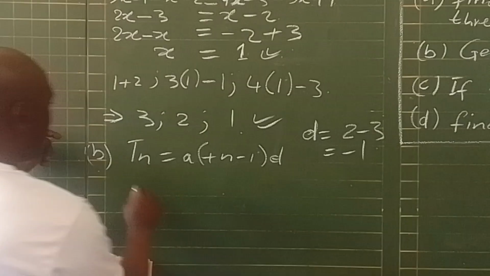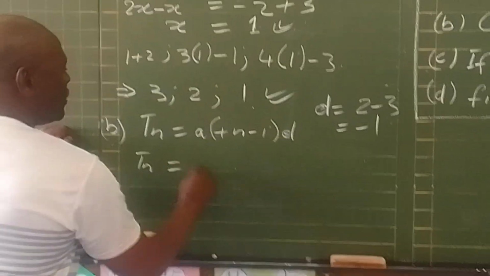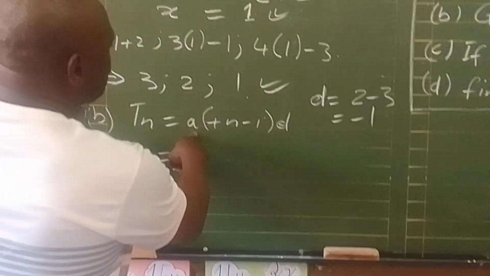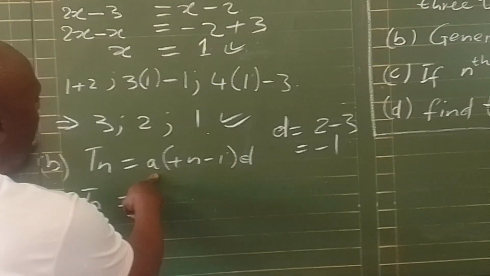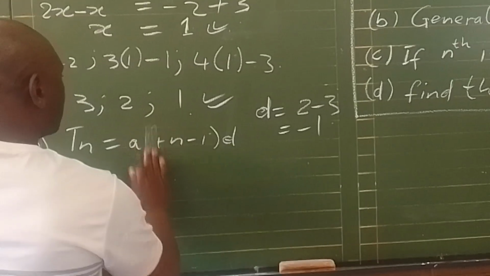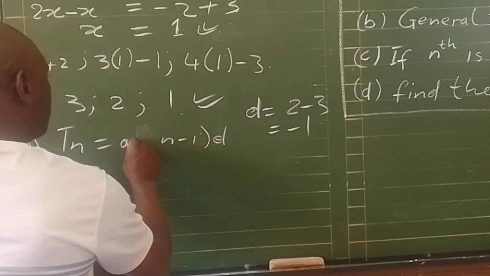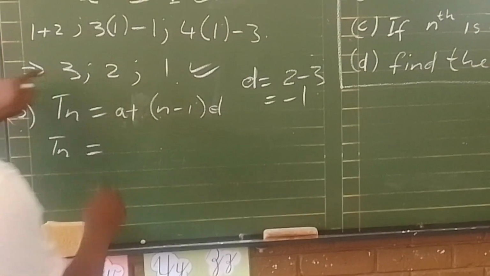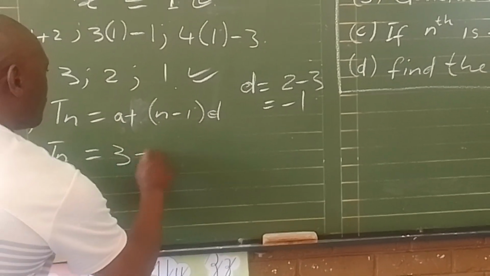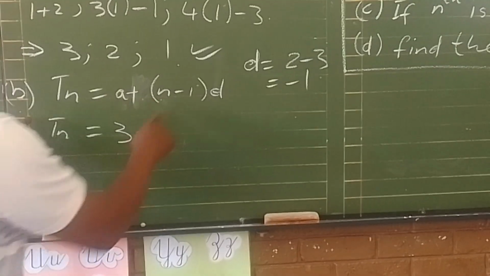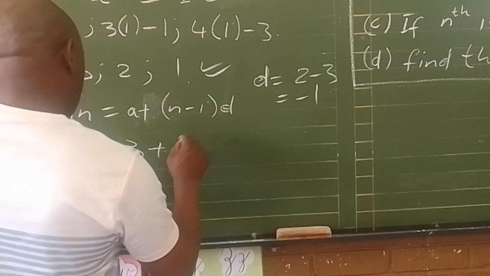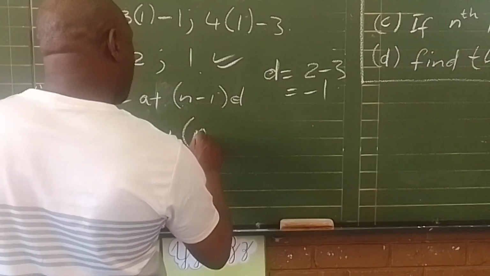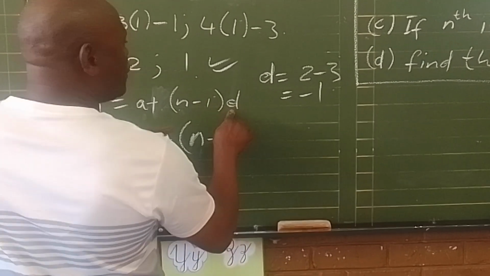There you go. Then your Tn, which is the nth term or general term, is going to be, what is your a? a plus n minus 1 d. So your a is 3. What is your n? It's what they want us to find. n minus 1. What is your d?